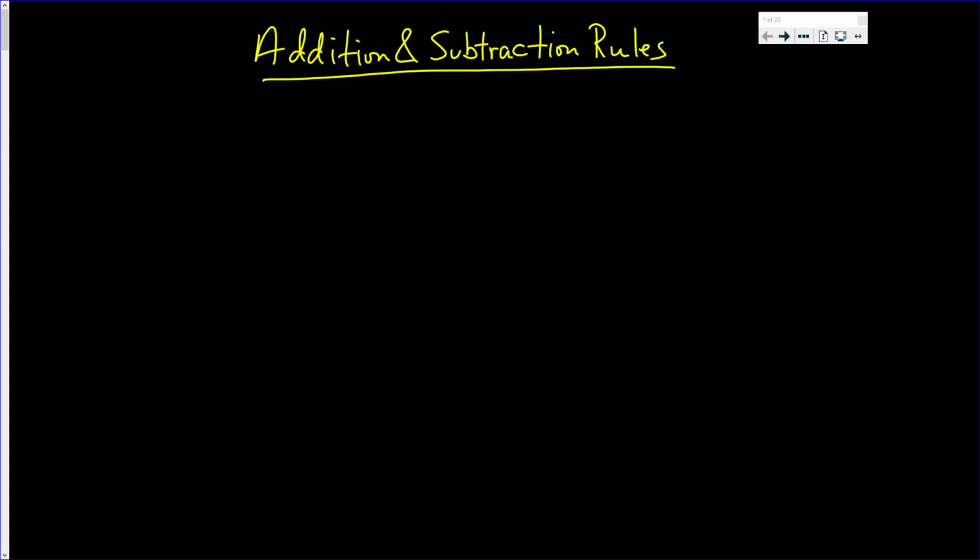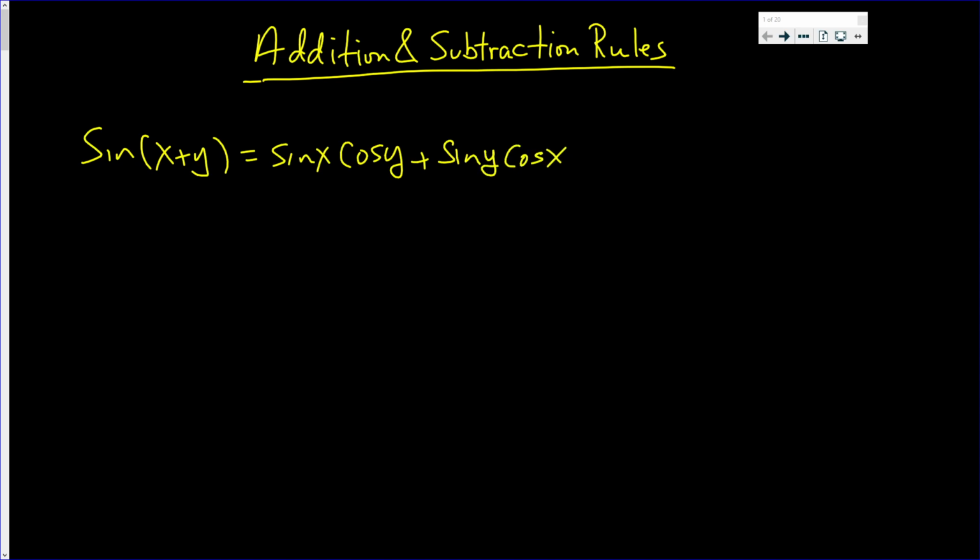Addition and subtraction rules. There are many rules or formulas that you could learn, memorize in trigonometry. In my opinion, it's best to remember as little as you need to. You should know that the sine of x plus y is the sine of x cosine y plus the sine of y cosine x.